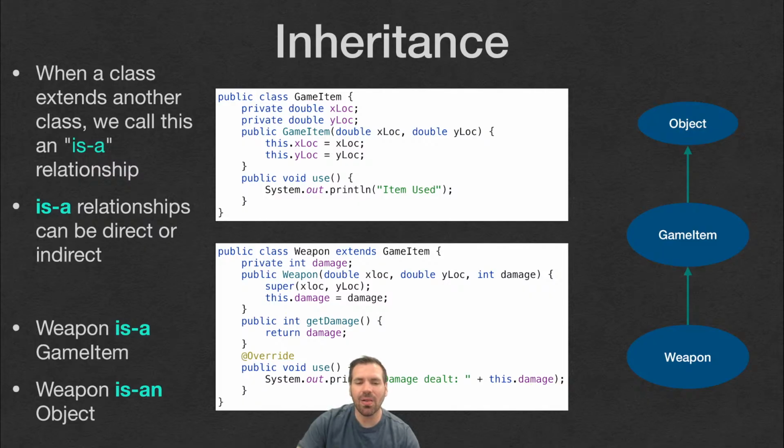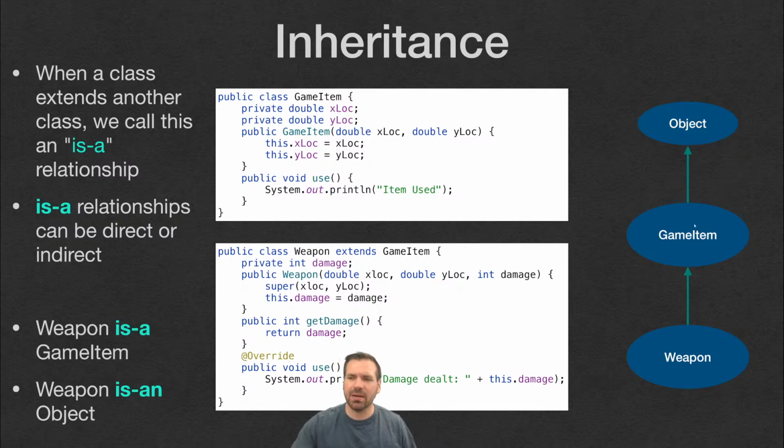Weapon has all of the state and behavior of game items, and then also adds more state and behavior specific to weapons. So a weapon behaves, like if you take a weapon and try to treat it like a game item, it's going to do everything that a game item does, and then more things. So we take this to the extreme and say, yeah, a weapon is a game item.